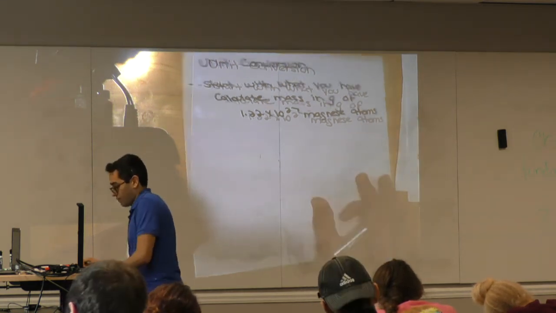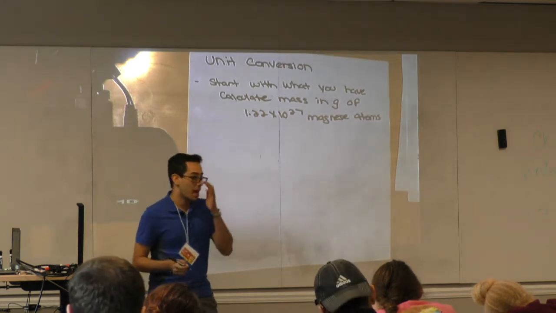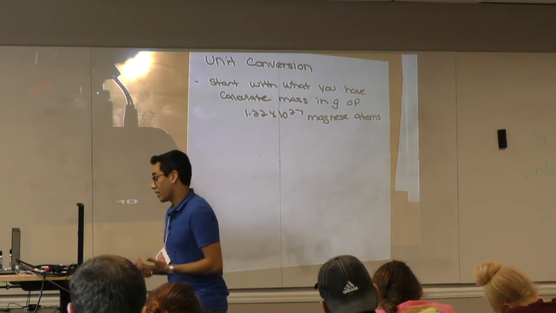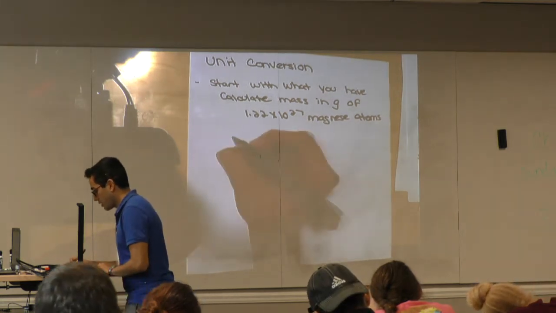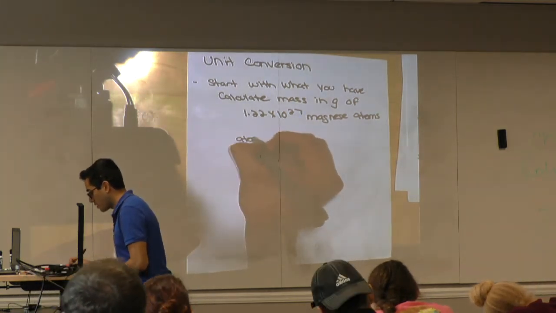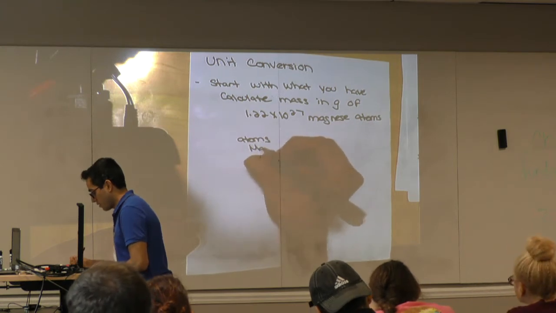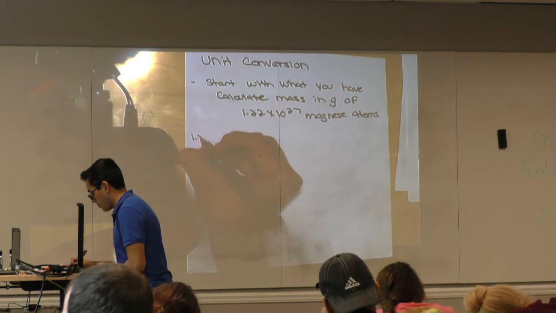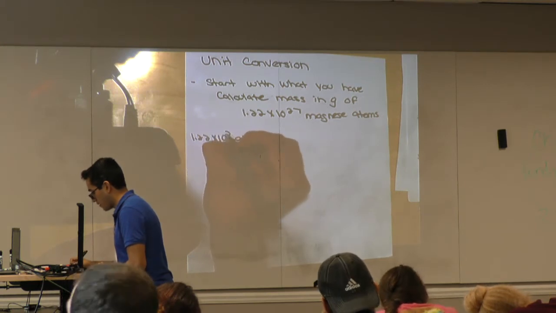So the first step is, we start with what we have. We know we're in particles or atoms. That's the unit we're going to write first. Atoms of magnesium, right? Then we input the number we have. So we have 1.22 times 10 to the 27.